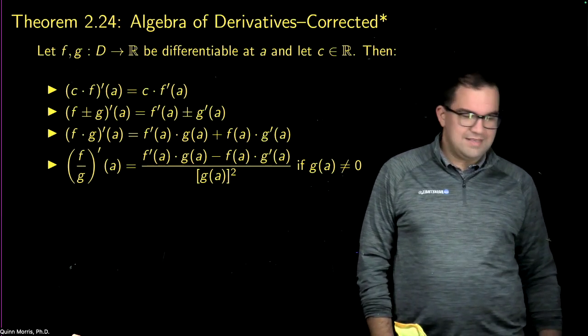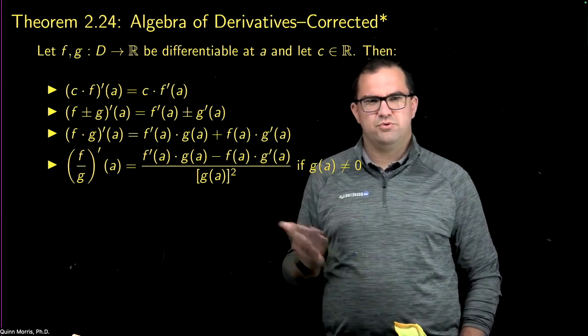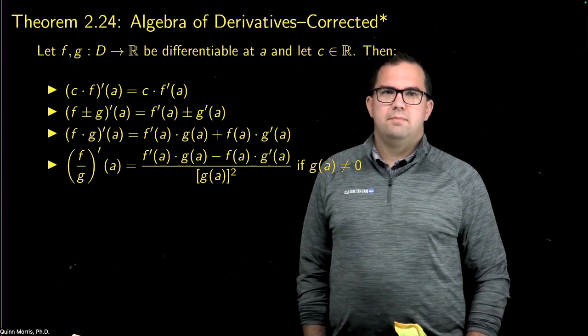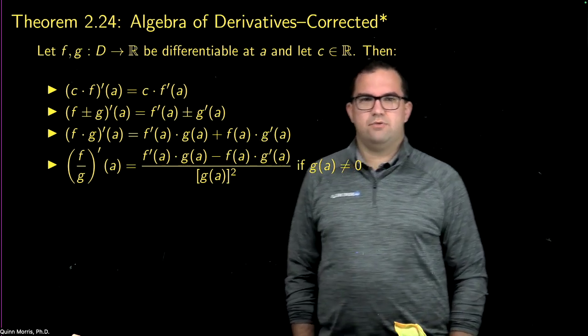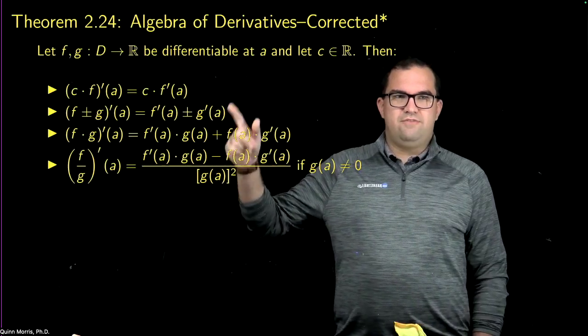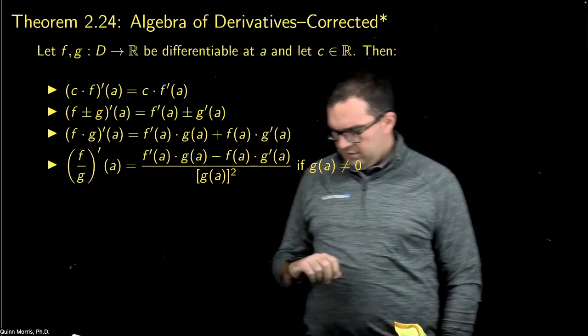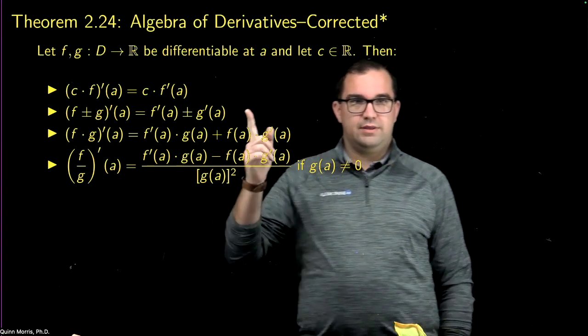Now, the last thing I want to do is, we're not going to prove all of these. Again, you may have seen proofs of some of these before, but let's at least sketch out the proof of one of them. I think the first two are straightforward enough that you don't necessarily learn a whole lot by doing them.